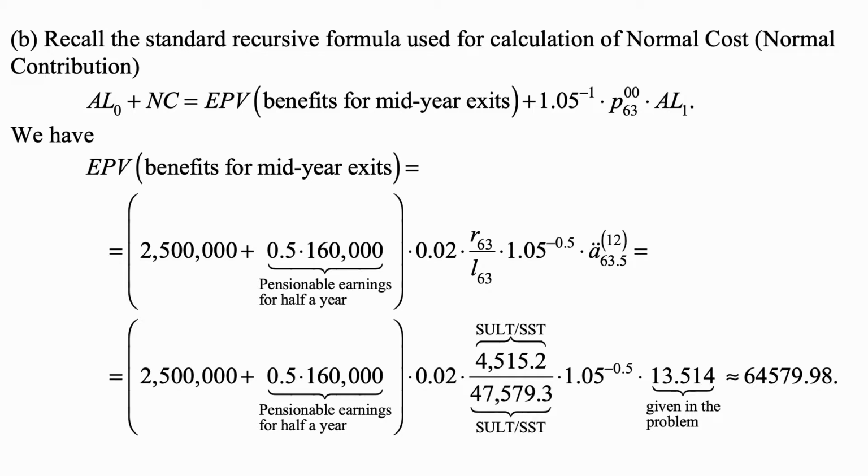So the expected present value of benefits for mid-year exits, that's 2.5 million plus half a year pensionable earnings times 0.02, the accrual rate, times the probability times the discount factor times the cost of annuity at age 63.5. All of those things can be looked up in the table. We plug them in and we get 64,579.98.